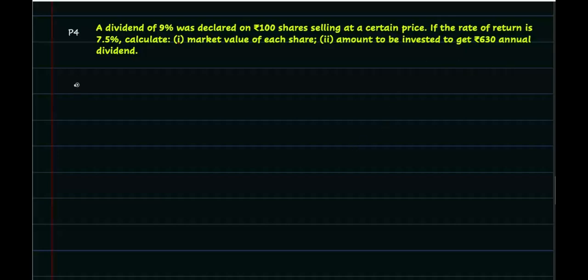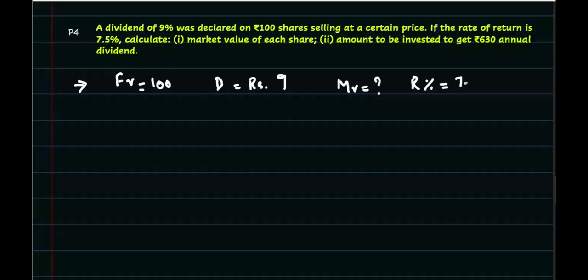Let's break this out: dividend 9%, face value 100, dividend per share is rupees 9, and we don't know the market price. Rate of return is 7.5%.